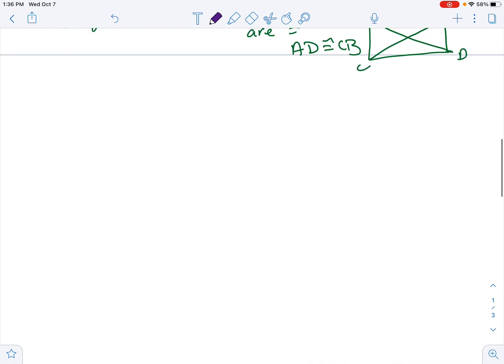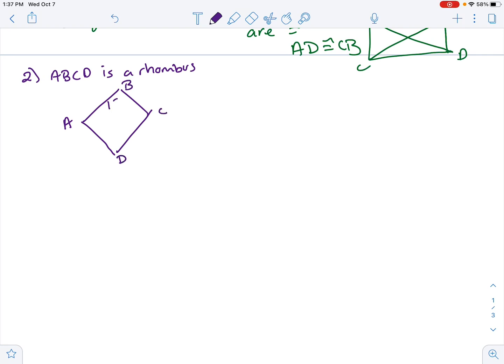Let's see, this should be number 2. So if I tell you, we're going to solve for x, that ABCD is a rhombus, and then I give you this picture. Here's A, B, C, D. Here's 130. Here's x. All right, so for a rhombus, we don't really know anything special about the angles.